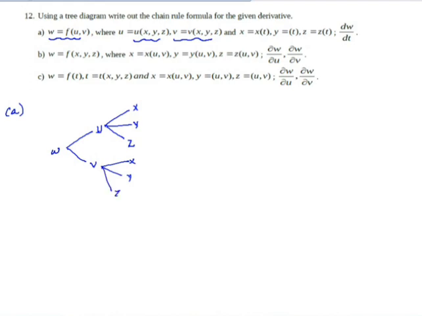These x, y and z are functions of one variable, so they are functions of t only. So this is roughly the tree diagram that represents this function of several variables. The tree diagram looks like this.